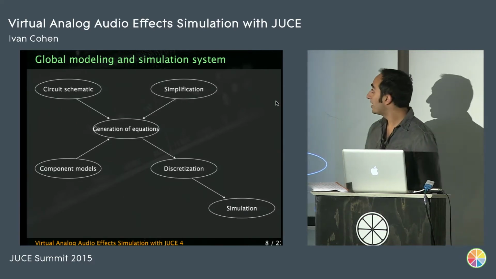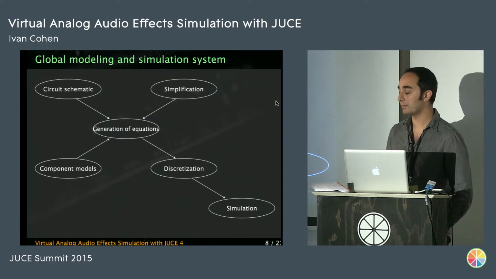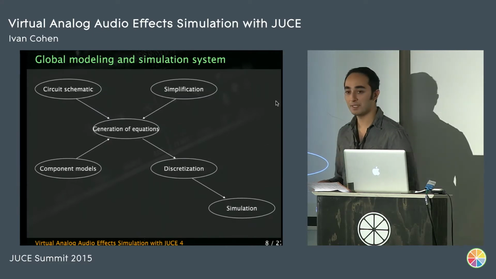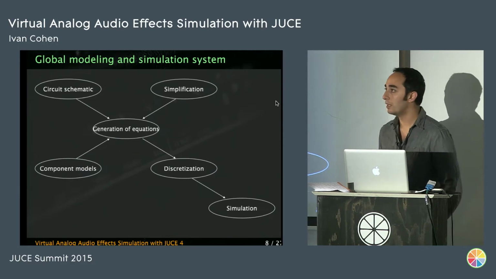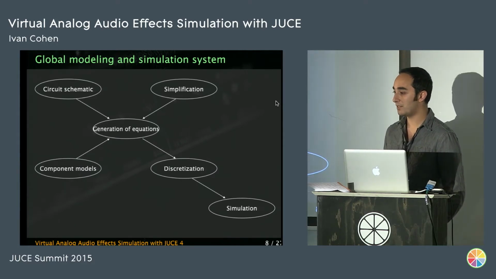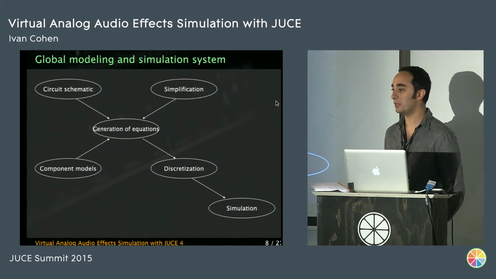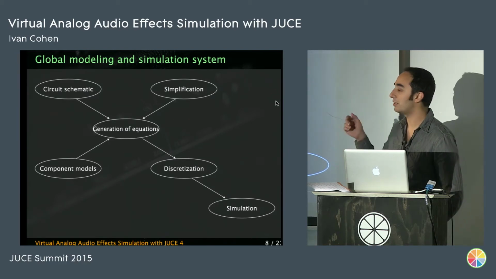You can try to simplify the circuit schematic you are going to model a little, because in the analog world, there are a lot of things happening that are not very interesting in the digital domain. For example, a typical example, you have sometimes some capacitors which are meant to remove the DC component of the input signal. In the digital world, you don't need to do that in the same way as in the analog world.